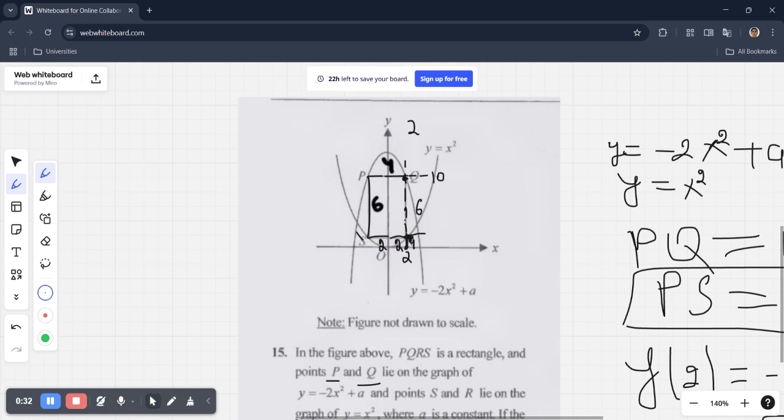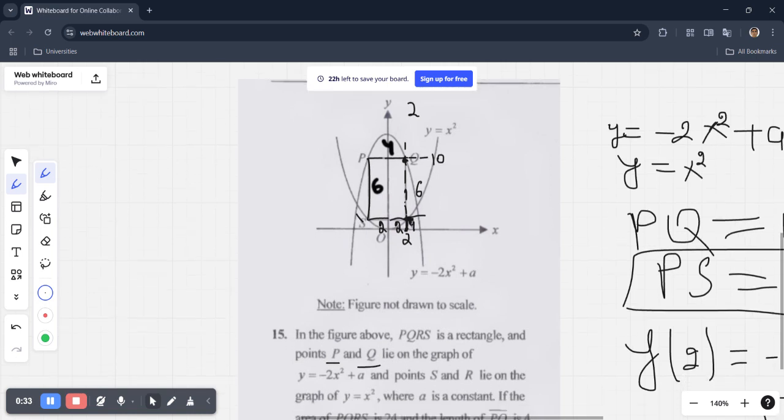In the figure above, PQRS is a rectangle. As you can see here, PQRS is a full rectangle, and points P and Q lie on the graph of minus 2 multiplied by x to the power of 2 plus a.